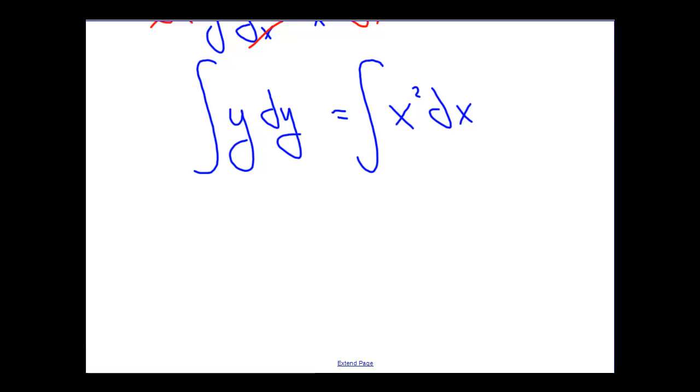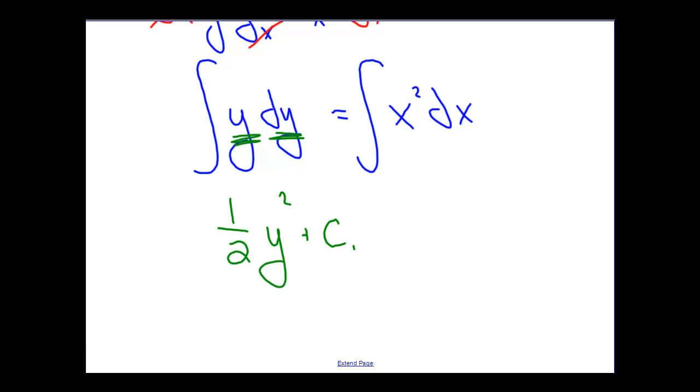So we ask what function, what object, has a derivative that's equal to y. What we need to do here is simply integrate. And the integration of any variable with respect to that variable is simply going to be 1/2 that variable squared, or in this particular case 1/2 y squared plus a constant.